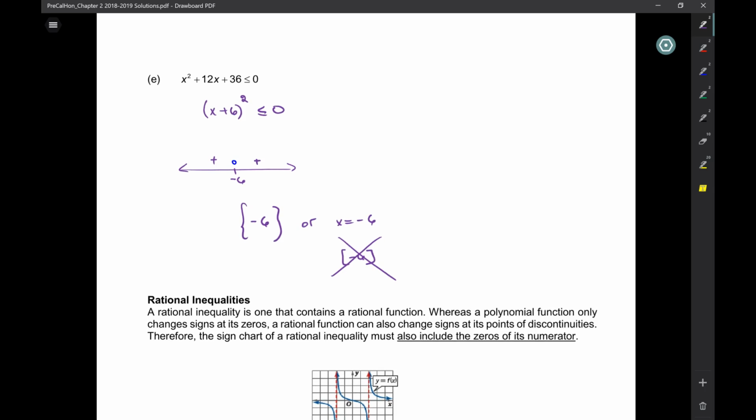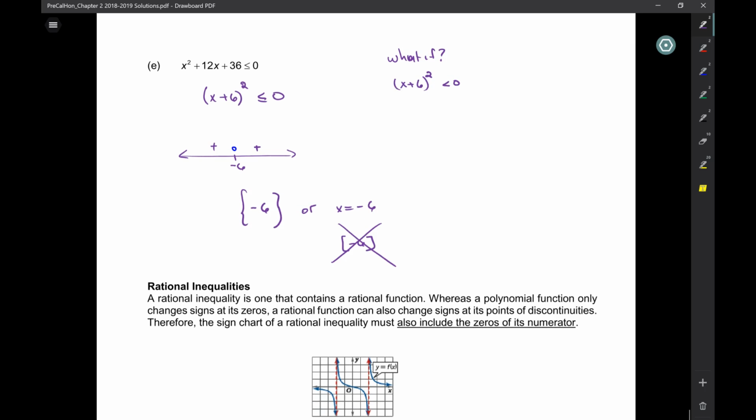So now, what if the question was this? x plus 6 squared is less than 0. What would it be? No solution. What if it was x plus 6 squared is greater than 0? Ooh.